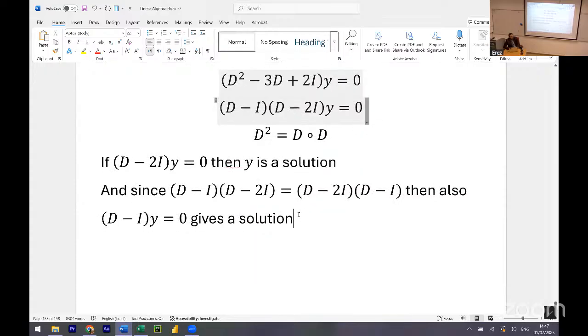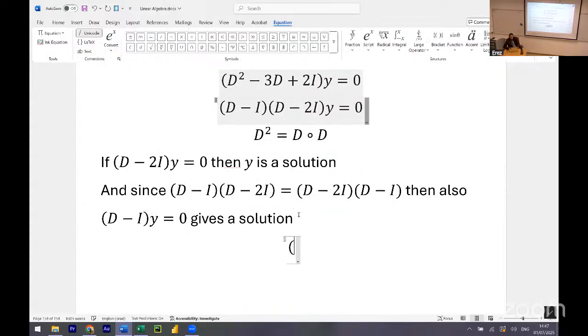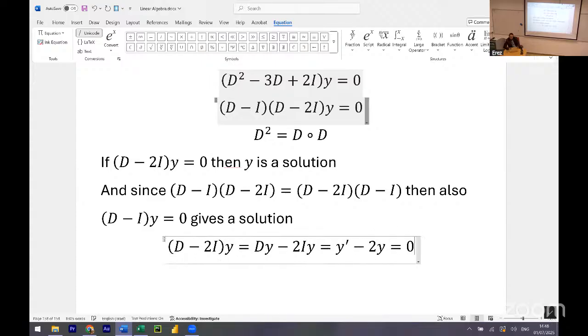So now look at these two. What is D minus 2I of y? What's D of y? The derivative of y, yes, y prime. So y prime minus 2y equals 0.